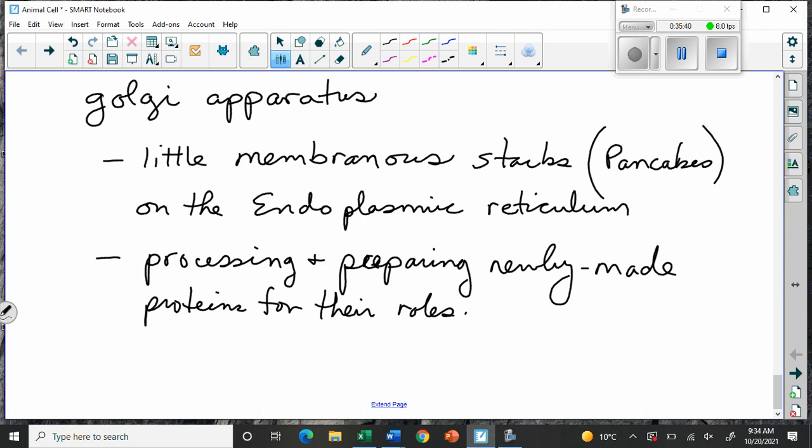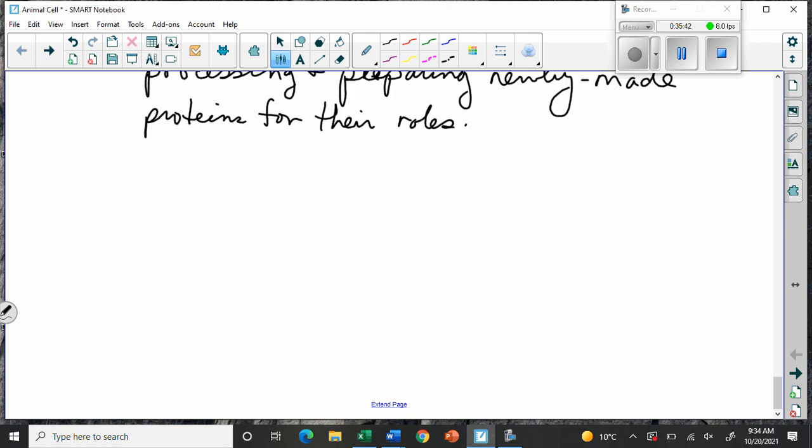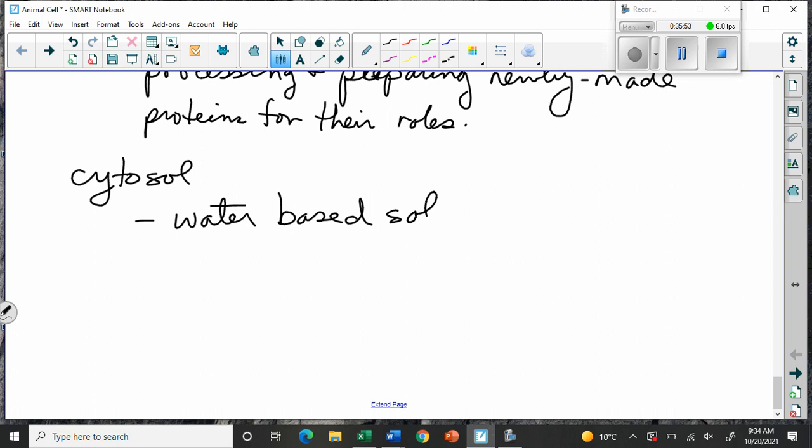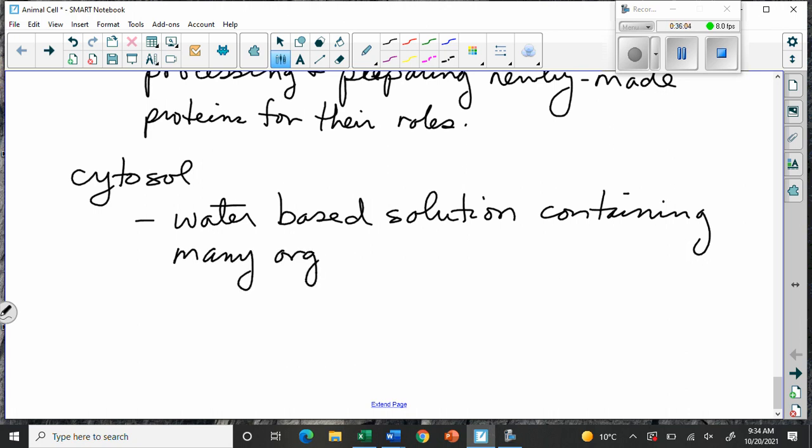The only other thing on our picture that I noticed, again, was the cytosol. The cytosol is basically a water-based solution containing many organic molecules.